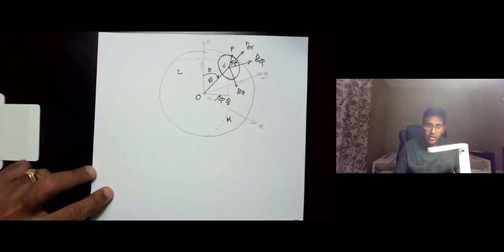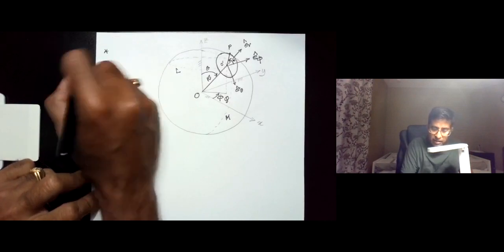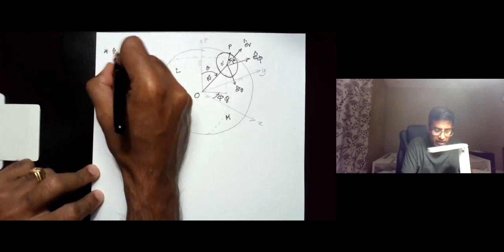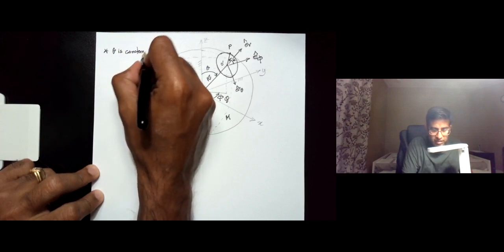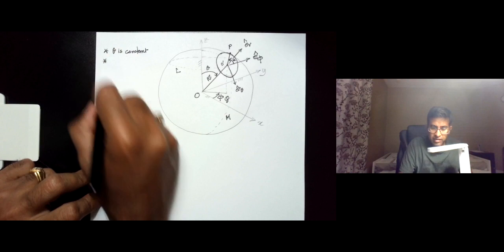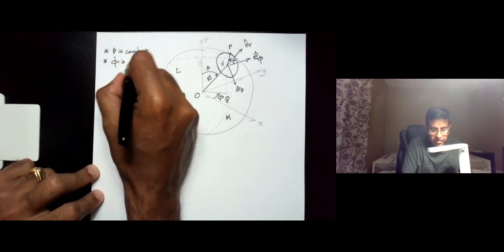Okay, so we make a note that angle theta is constant, phi dot is constant.